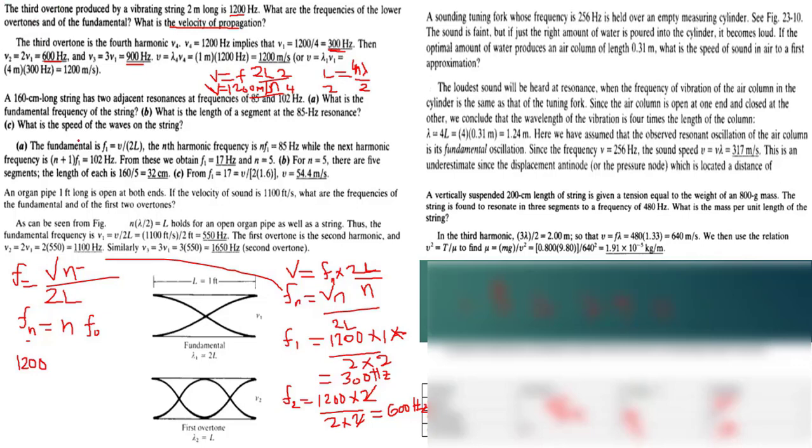So Fn is equal to 4 times the fundamental frequency. So to get the fundamental frequency it is 1200 divided by 4, that is what he did here. 1200 divided by 4 to get the first harmonic or the fundamental. So similarly use the same to calculate the others that you have been asked.